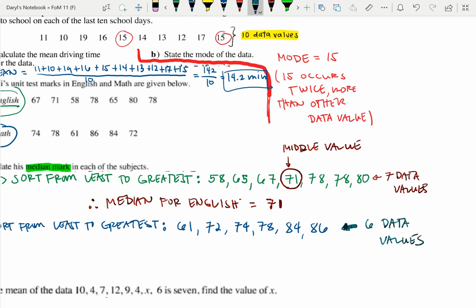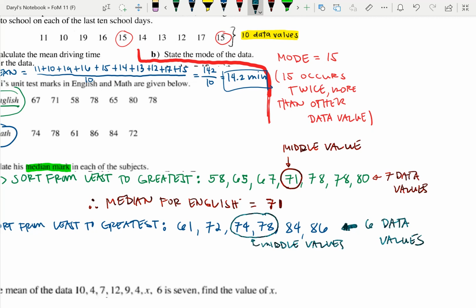So if there are even number of data values, what you're gonna do is try to locate the middle values. So there should be 2 middle values here. The 2 middle values are 74 and 78. So these are your middle values.